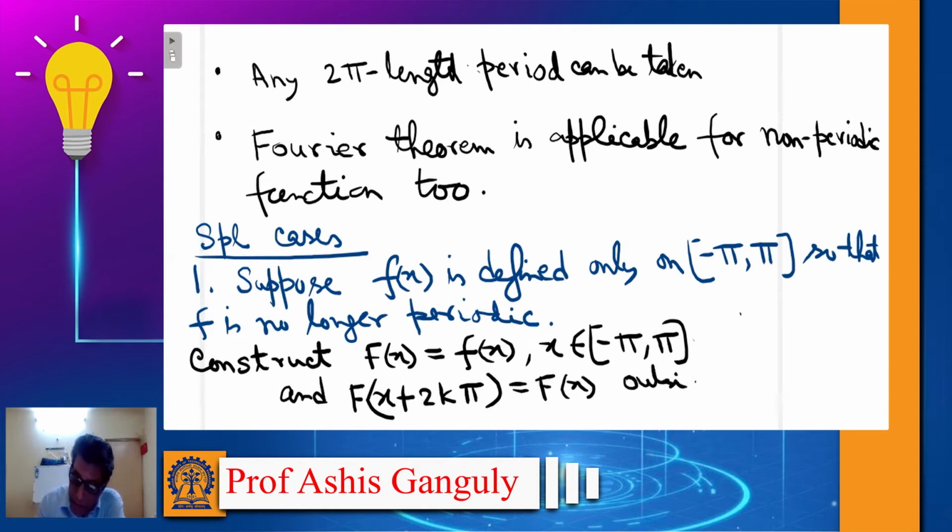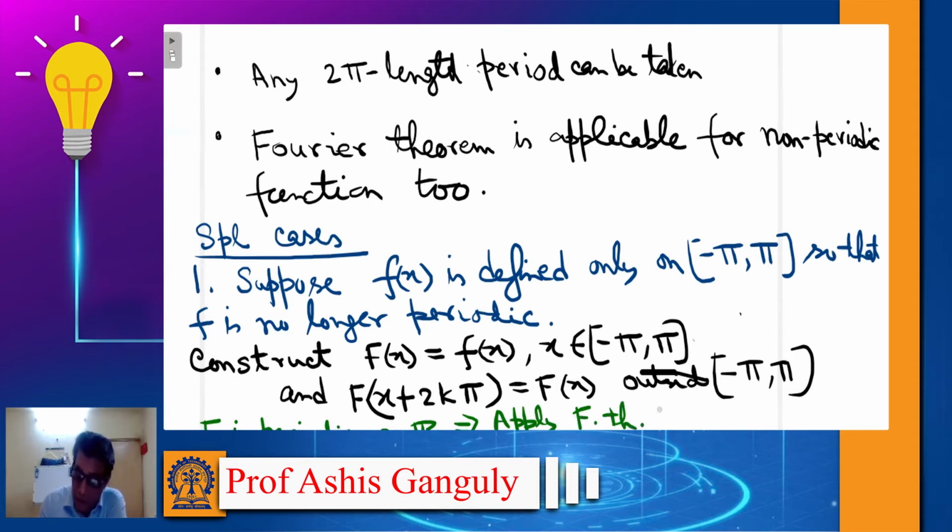So what happened here? F is periodic on the full real line. So apply the Fourier theorem on F.